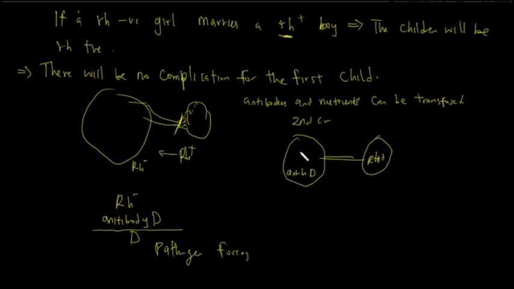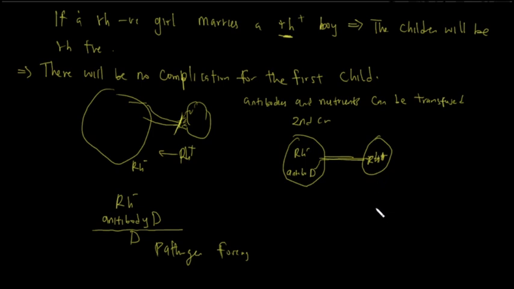Are we following? Good. Now that antibody would pass through the placenta and start entering the child's body. As it is entering the child's body, remember that the blood of the child is completely Rhesus positive. This antibody will enter there and start killing all of them. Are you following? Sorry, are we good? As it starts killing all of them, eventually the child becomes asphyxiated and the child dies.